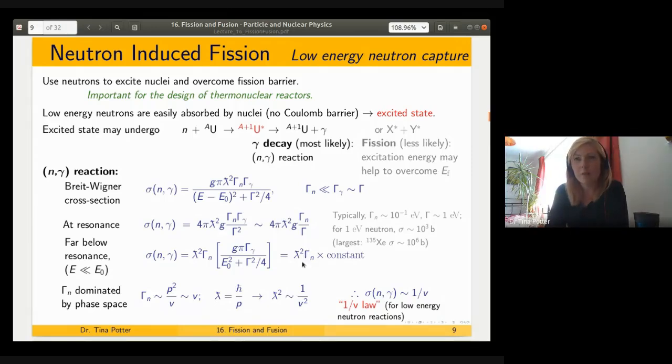So the higher momentum or the higher velocity we have here, the lower the cross section is going to be. We would actually expect the cross section to start quite high for low energy or low speed neutrons and fall away as their speed increases. So it actually falls away as 1 over the velocity of the neutrons. So this is the 1 over v law.